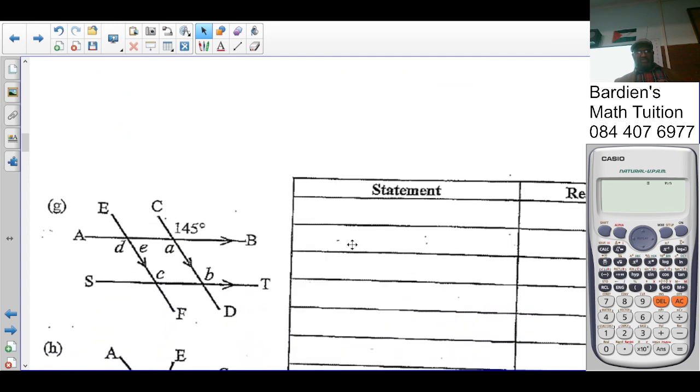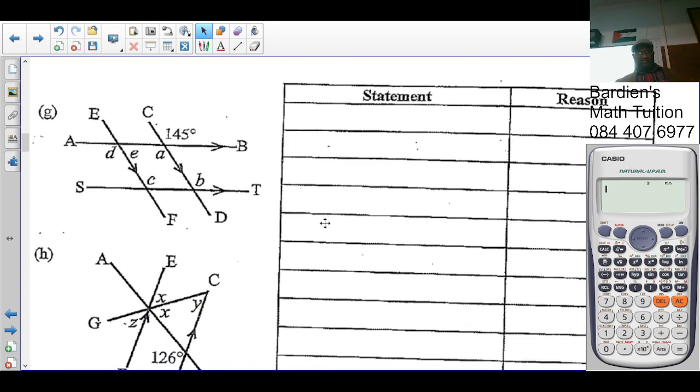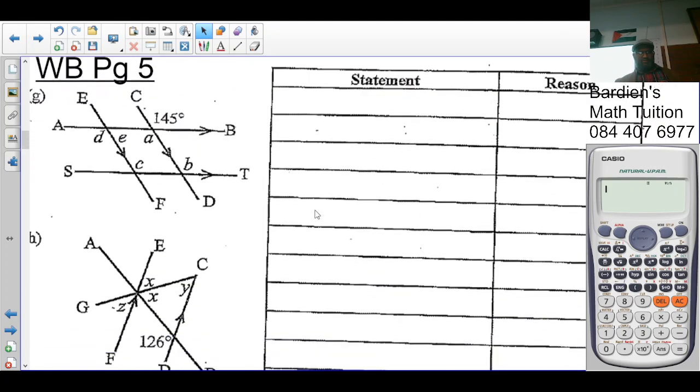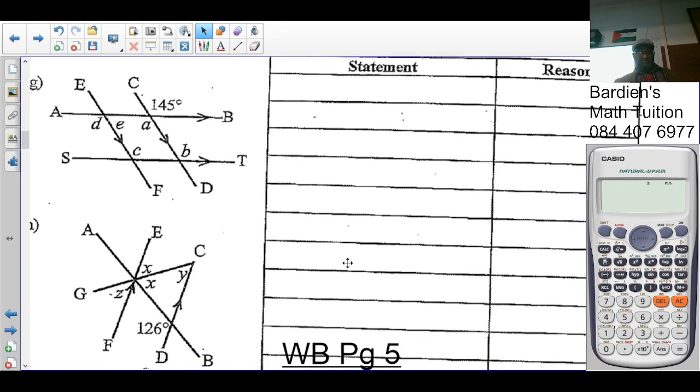So this is on page 6 now. Page 5. Okay. So we're looking at G. So what can be calculated first here? C. C is equal to what?